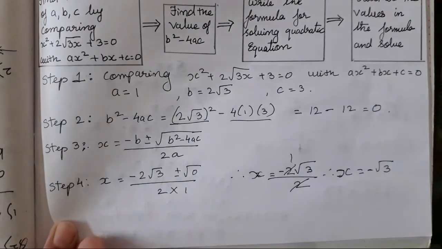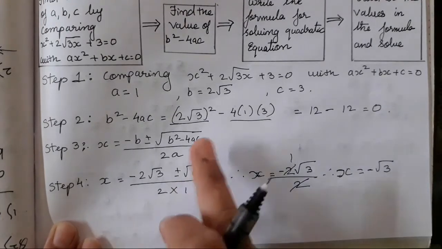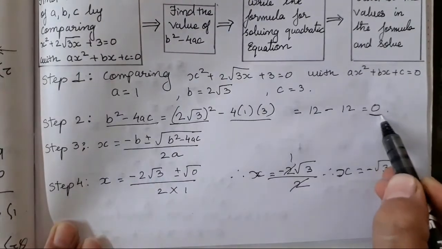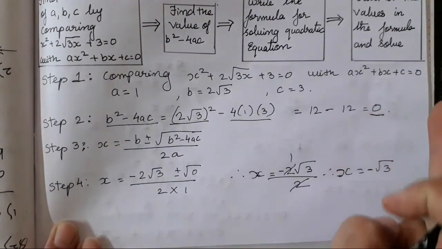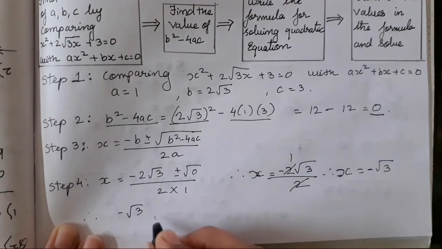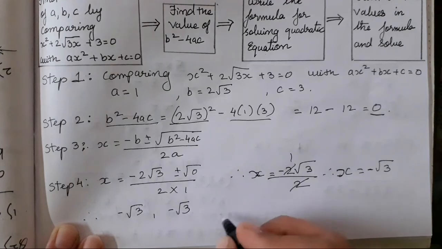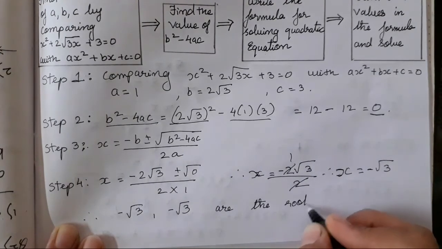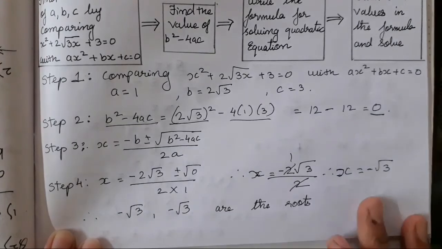Okay, now here the value of b square minus 4ac is going to be 0, isn't it? This value is supposed to be 0. Therefore the roots are real and equal. Therefore minus root 3 and minus root 3 are the roots. Got it? Isn't it easy?